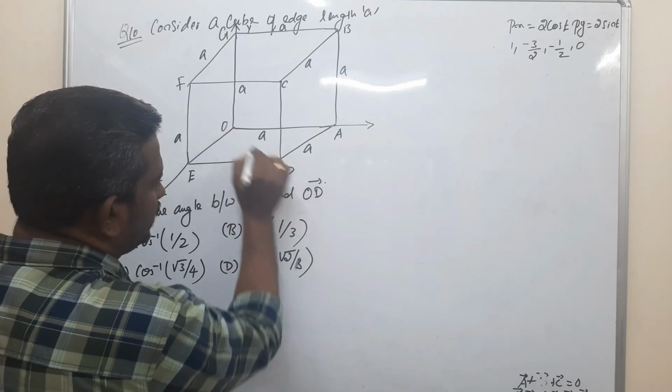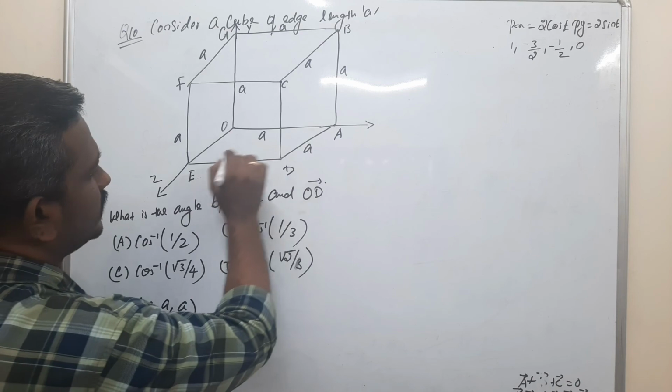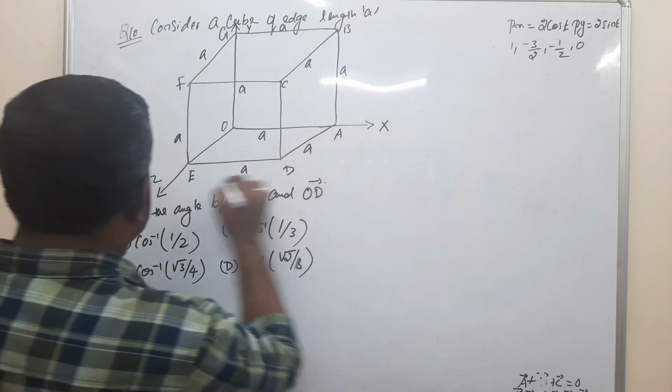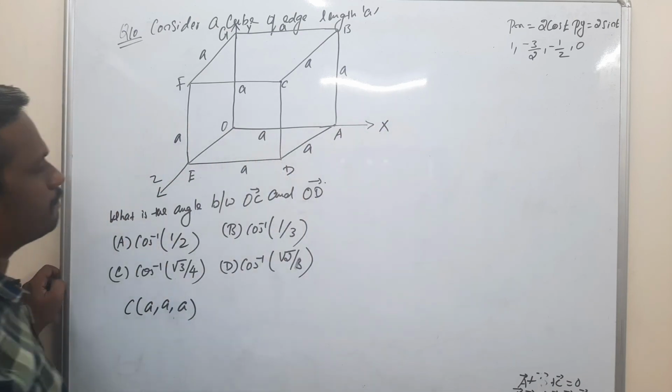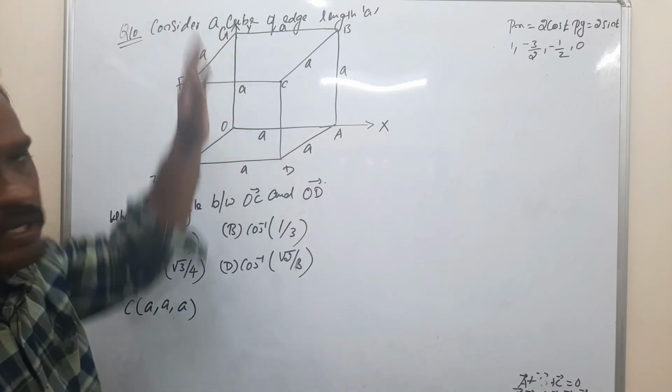What is the coordinate of D? D is in the XZ plane, and XZ plane means the Y coordinate is 0.